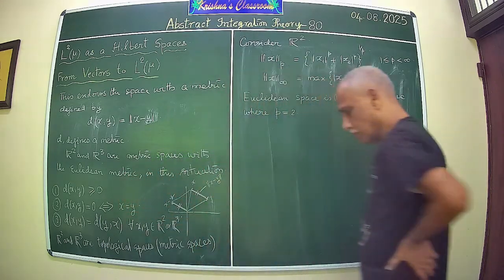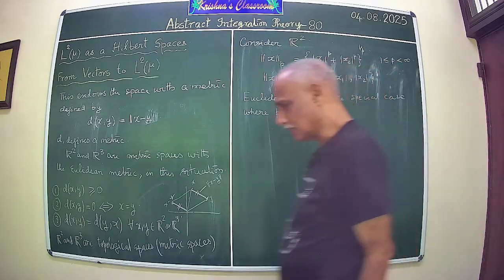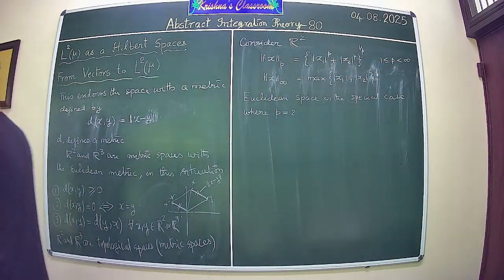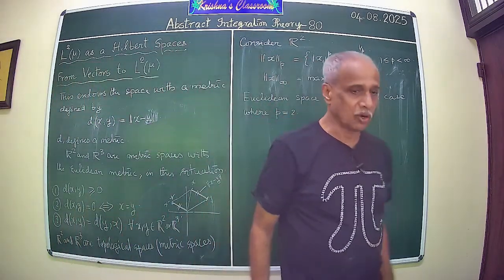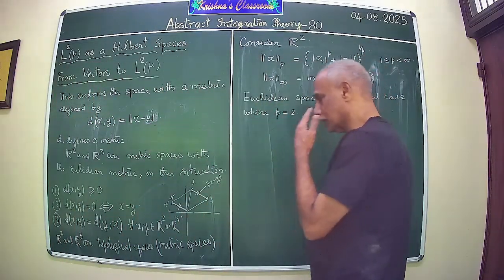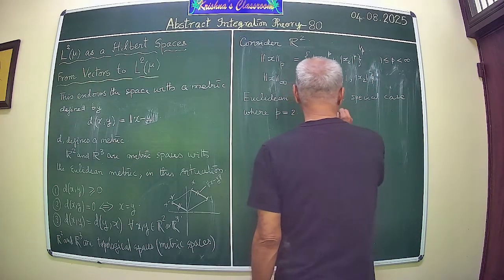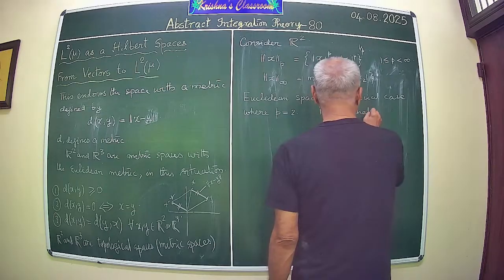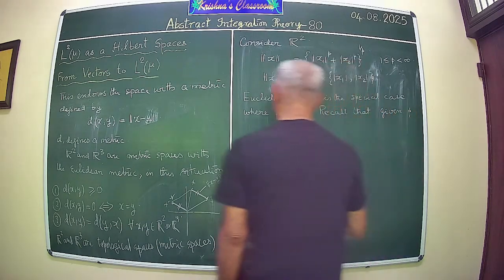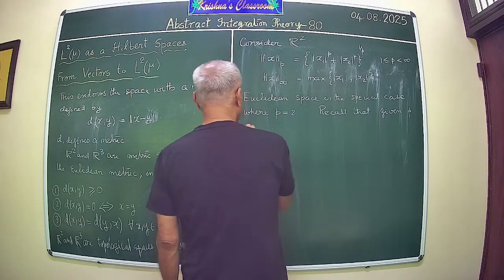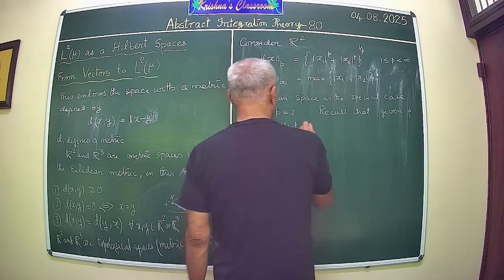Now you recall, associated with P, there is another number called Q, which is called the conjugate exponent.